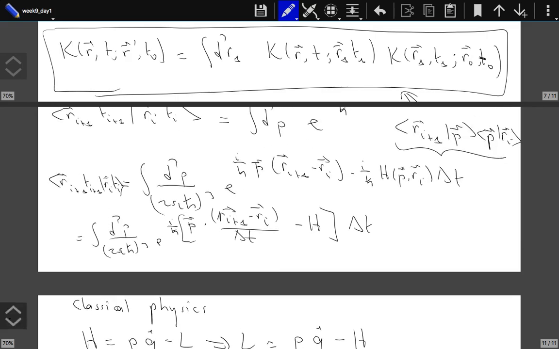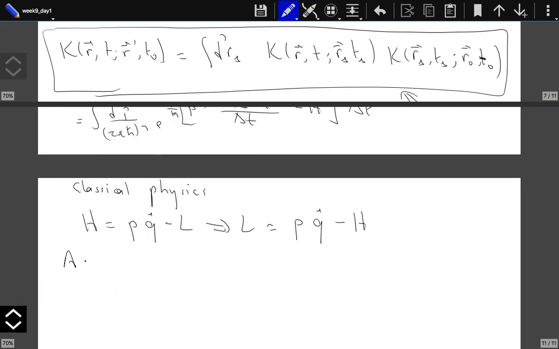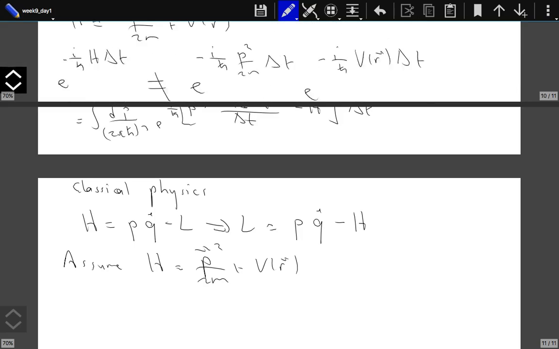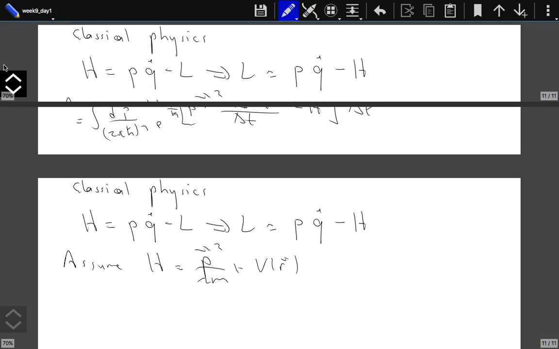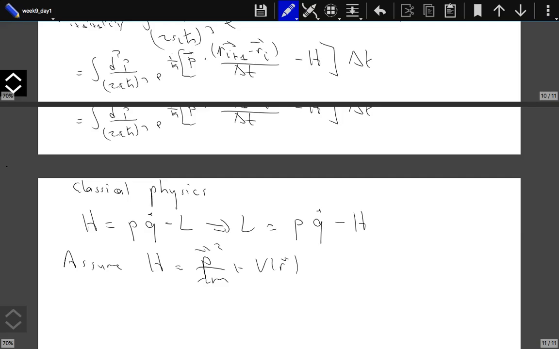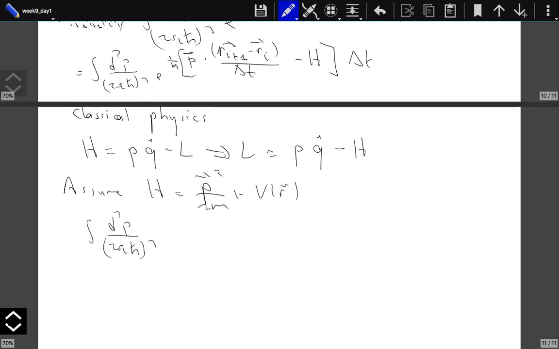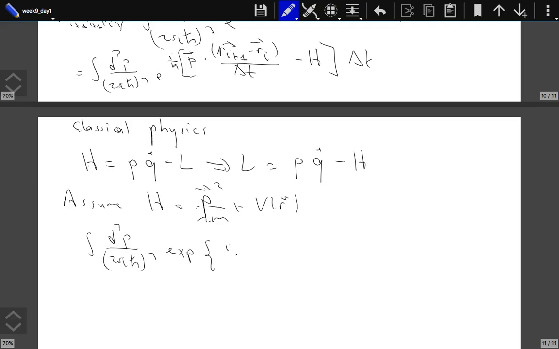Now, let me take that p integral. If I assume that H has this form, the momentum integral is nothing but d cubed p over 2 pi h bar cubed, times the exponent of i over h bar p dot v_i, where I will say v_i is r_{i+1} minus r_i divided by delta t.